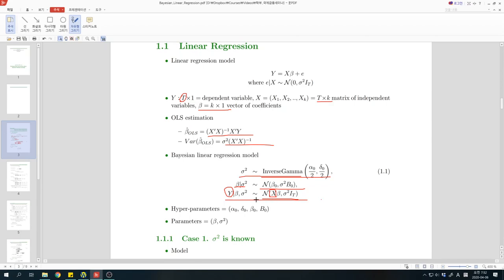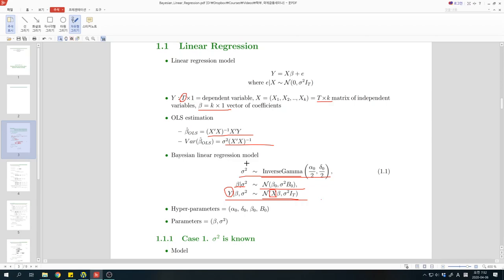Endogenous variables should be endogenous, and exogenous variables must be exogenous, based on your theory or intuition or experience, right? So this is our prior belief about parameters and dependent variables. So this is the model, and this is also the description of the joint distribution of parameters and dependent variables.